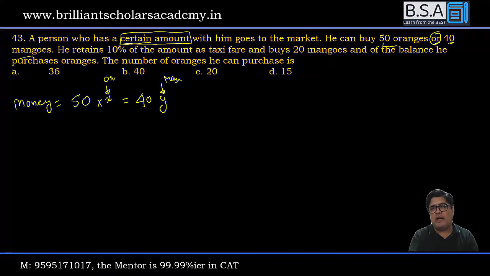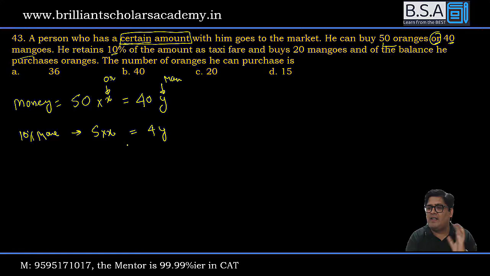Imagine one mango ka rate is Y. I don't know what X is, what Y is, or what the money is. He retains 10% of the sum. So 10% of the money will be equal to 5 oranges, or 4 mangoes.